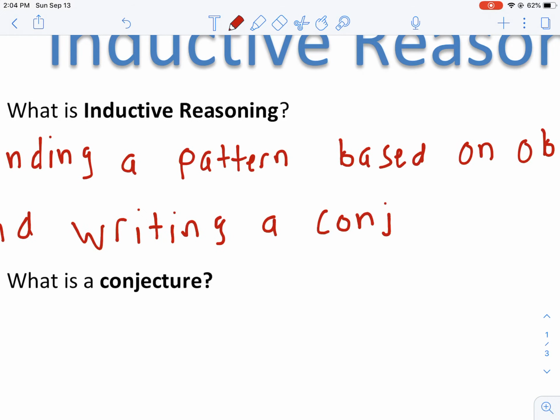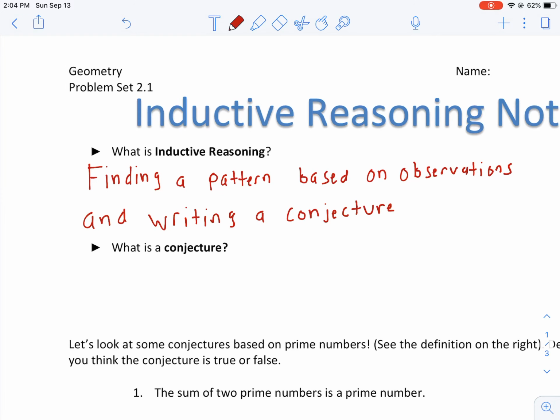Sorry, I'm writing slow. I accidentally left my stylus at school. So finding a pattern based on observations and writing a conjecture.